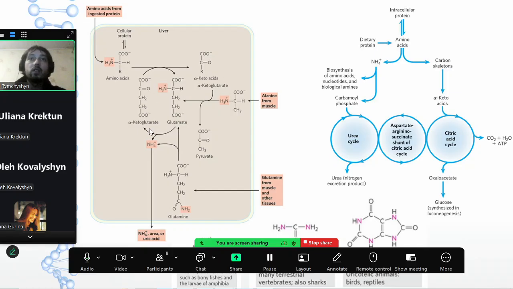That nitrogen is transported onto alpha keto glutarate. You may remember this sort of chemical from the Krebs cycle. We had it in there.